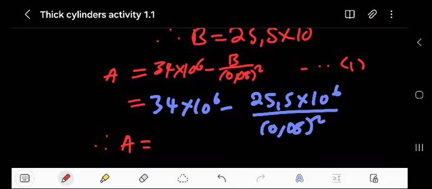So what will be a? Punching here: 32 times 10 to the power of 6 minus 25.5 times 10 to the power of 6 divided by 0.08 squared. That is negative 3.95 times 10 to the power of 9.